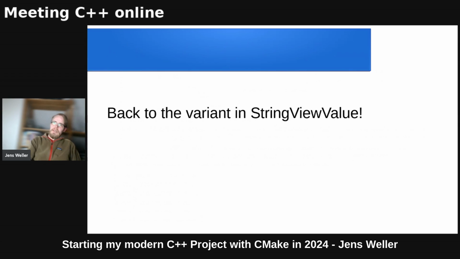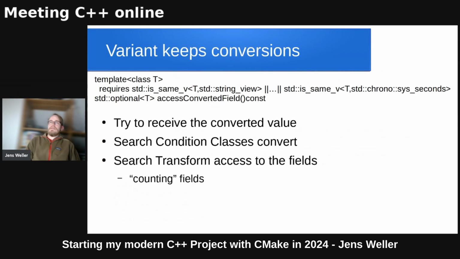Which brings me back to the string view value class. I also provide a conversion function where you get already an optional to see if a field has been converted. The search condition classes convert and the search transform classes access the fields.